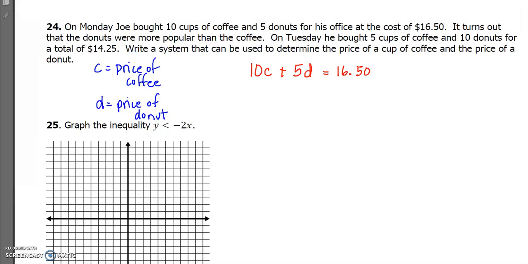So then on Tuesday, he bought 5 cups of coffee, 5 times C, where C is the price of the coffee, and then 10 donuts, so 10 times the price of each donut, and that's going to equal $14.25. So here's the system.